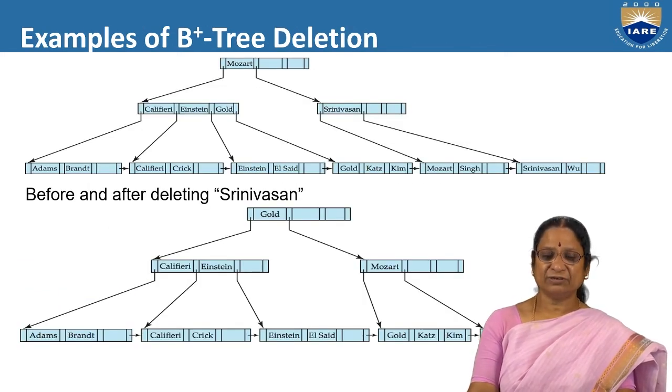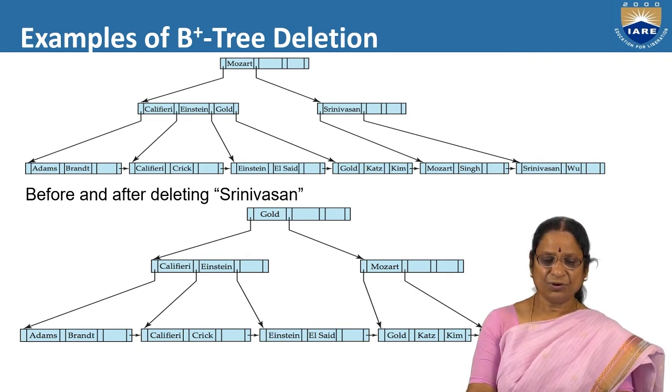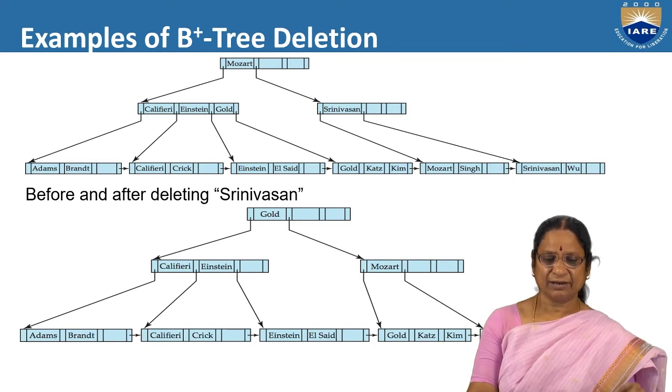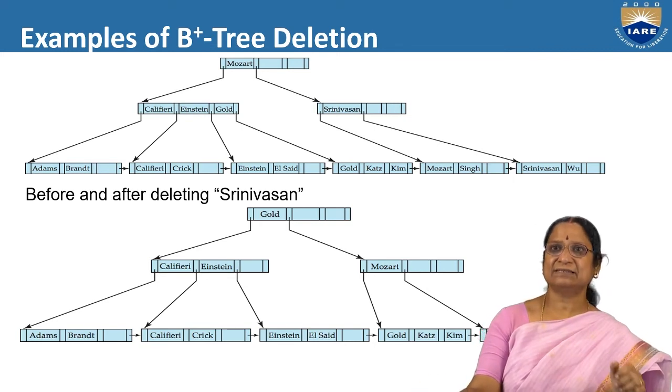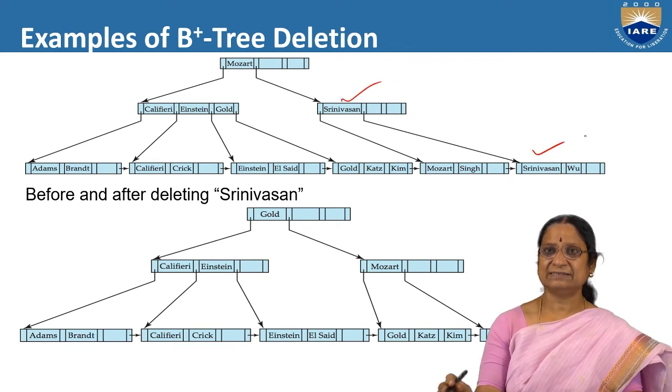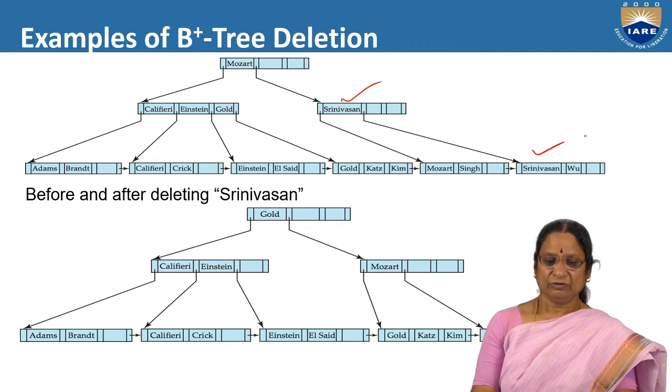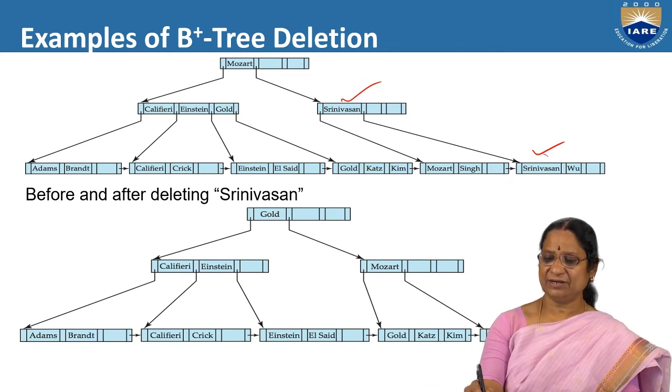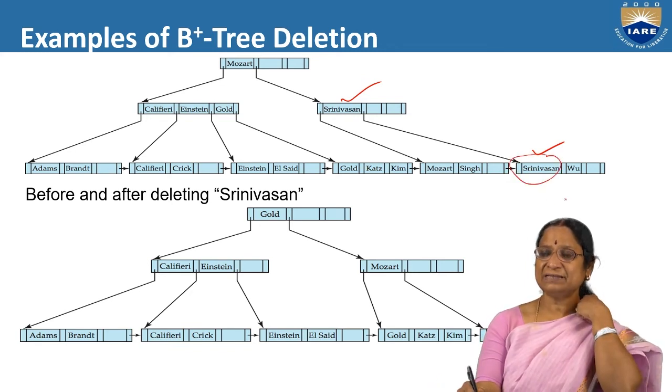In a B plus tree, deletion is similarly possible. For example, before deletion, Srinivasan is here in the original place, and in the leaf node Srinivasan is here. If I am deleting this Srinivasan, what happens here?